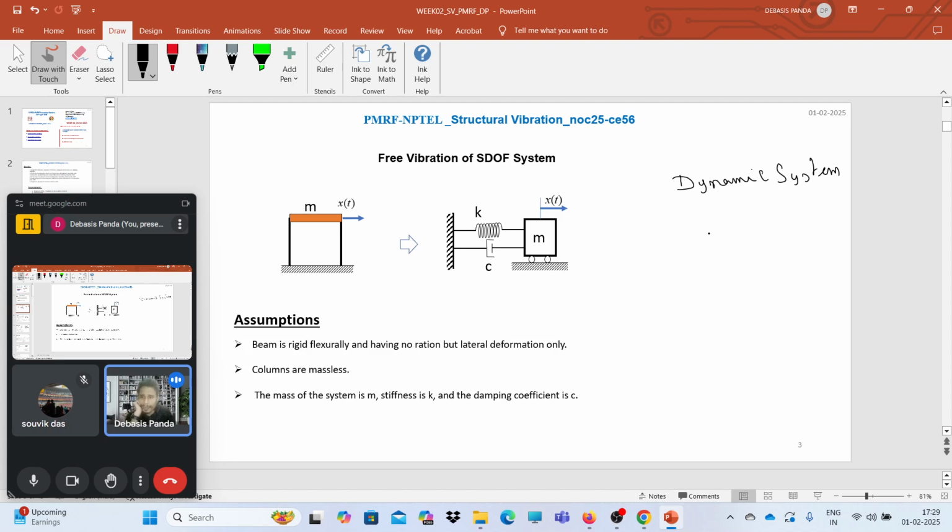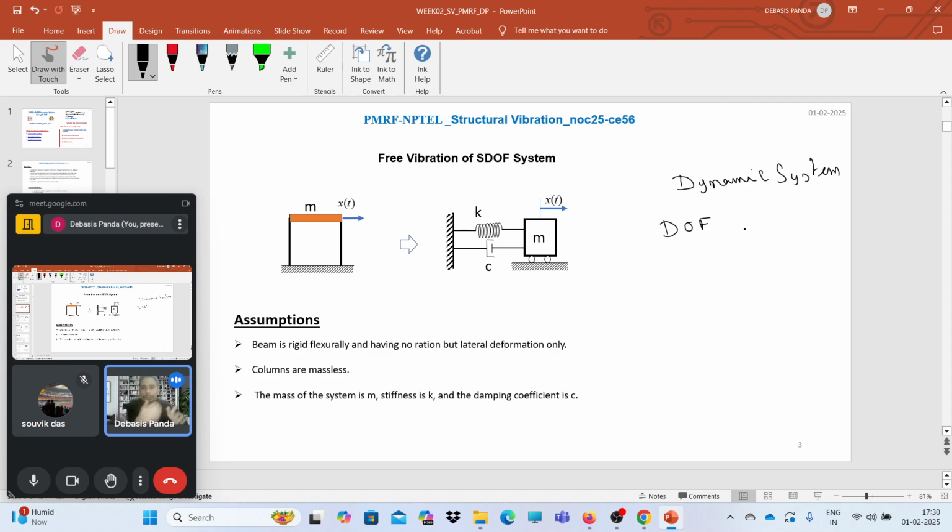We went through the components of a dynamic or vibration system, like mass, stiffness, and damping, and how to model them. We also covered the degree of freedom, and formulated equations of motion using D'Alembert principle, Newton's second law, and the energy principles, as well as simple harmonic motion.